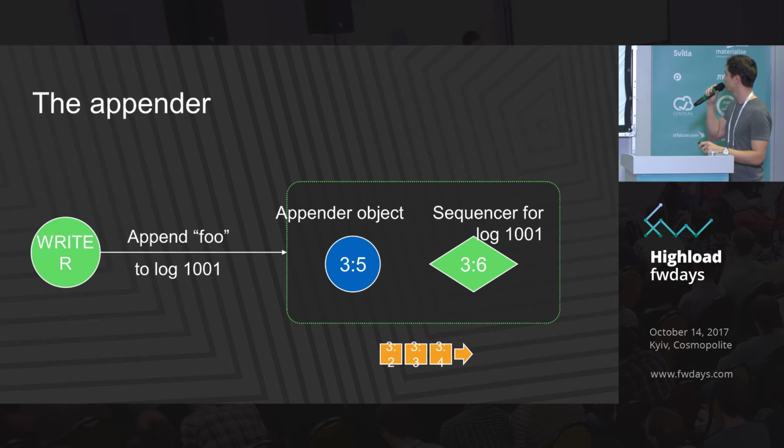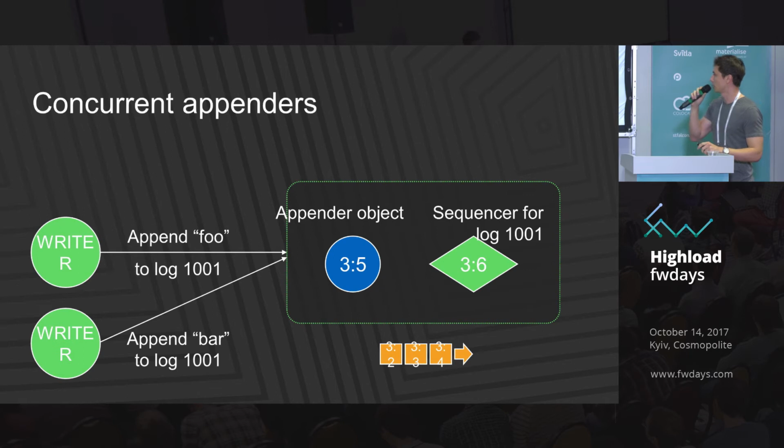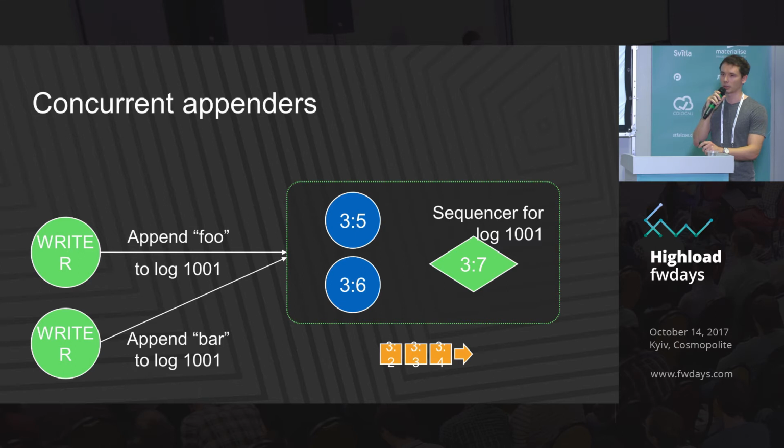Let's say we have an appender object with epoch 3, sequence number 5, start appending. At the same time, if a new writer sends us a new message, we have a next appender object working on saving this. They can work in parallel. We don't wait. We have a window of appenders which can be working at the same time, so we are always available to get new appends.